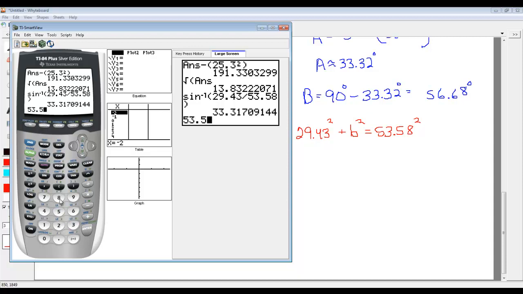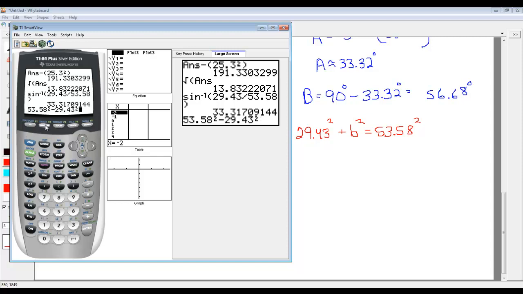So you got 53.58 squared minus 29.43 squared. The calculator will follow order of operations. Oh, uh-oh. I accidentally ended up typing a second 3 in there. Okay. So 53.58 squared minus 29.43 squared.